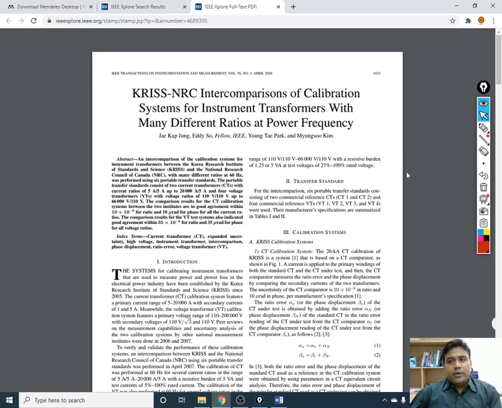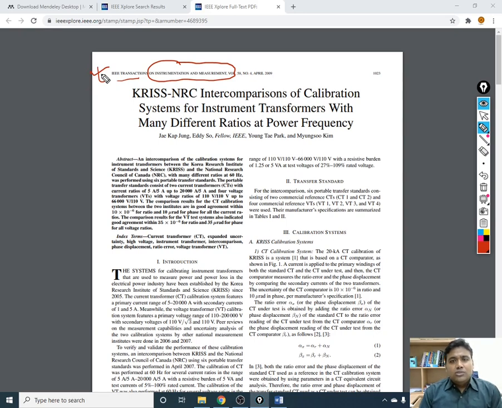So once you download one of the papers, let us see what the paper tells. First thing you see is that the journal paper has been published in IEEE Transactions on Instrumentation and Measurement. Generally the IEEE transaction papers are published in various journals, whether it is power delivery, power system, instrumentation and measurement, signal processing, and a lot of other sub-journals under IEEE transactions.